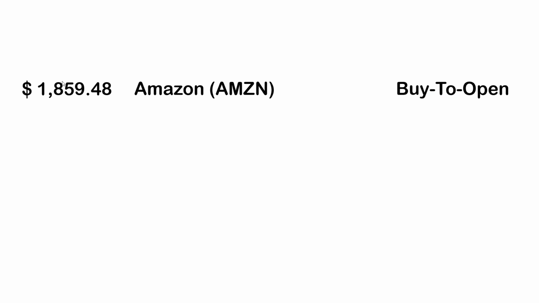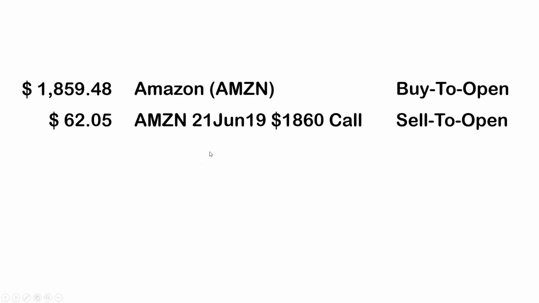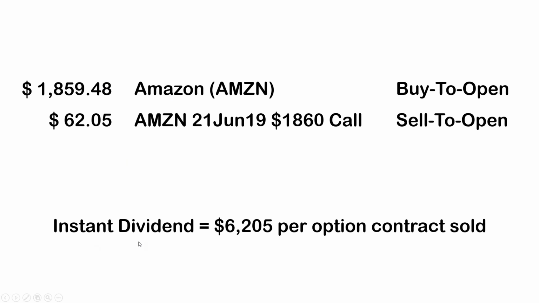Here we go. If I was to buy Amazon and then sell the near term at the money call, these are prices that I picked up this morning, I'd be able to get a discount on Amazon. I'd get what I call an instant dividend against Amazon of $6,205 per option contract sold. Option contracts have 100 shares in them.